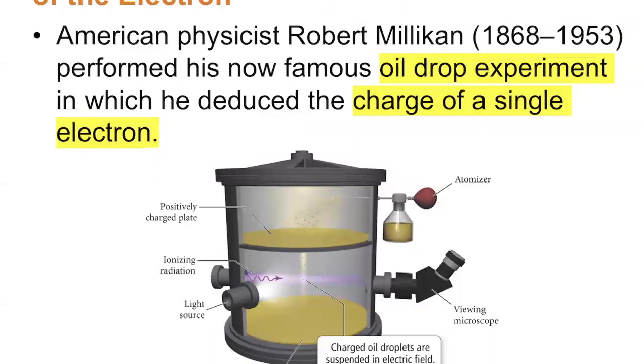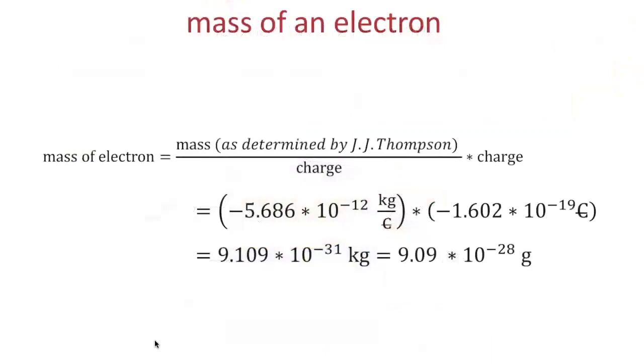Now, the mass of the electron was later discovered by another physicist, Robert Millikan, who developed an oil drop experiment. Through this experiment, he was able to figure out the mass of the electron. The math, you don't have to know.